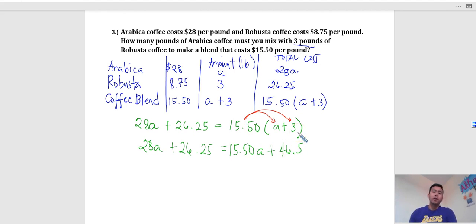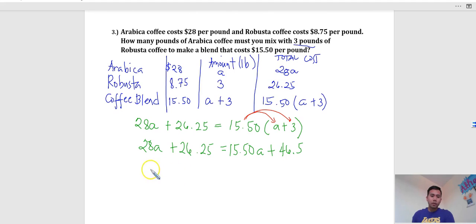So from there, we are now going to collect all the like terms and bring them to just one side. The like terms here would be 28a and 15.50a, and then the constants, which are 26.25 and 46.5.